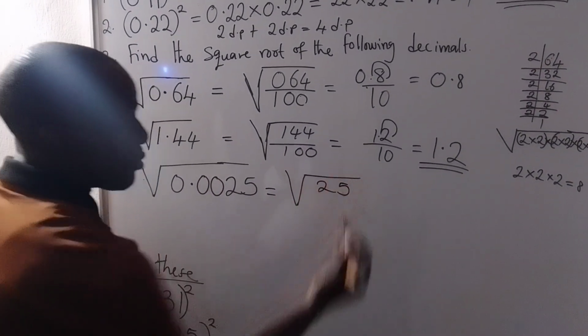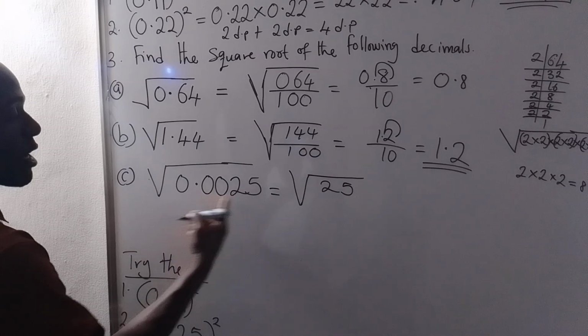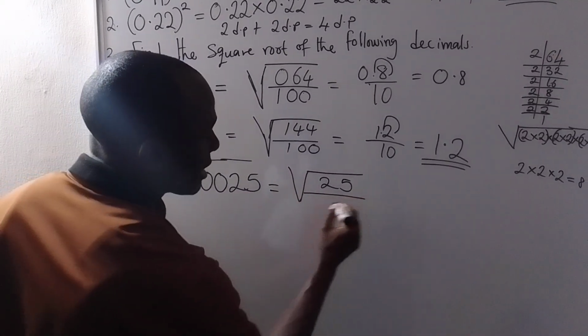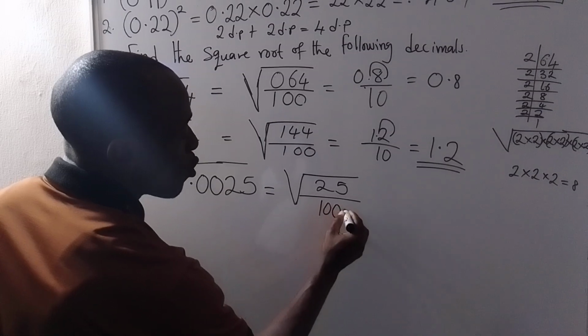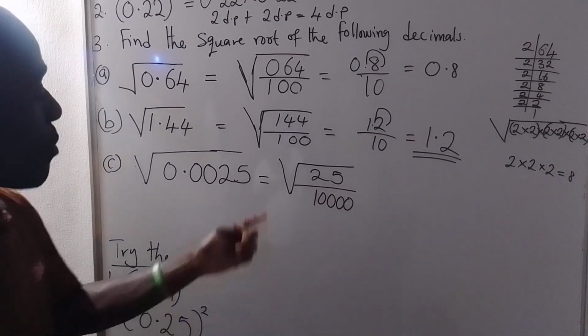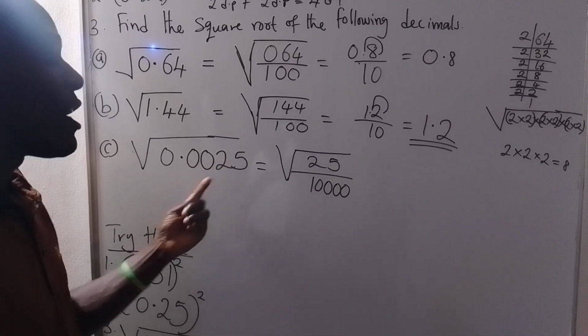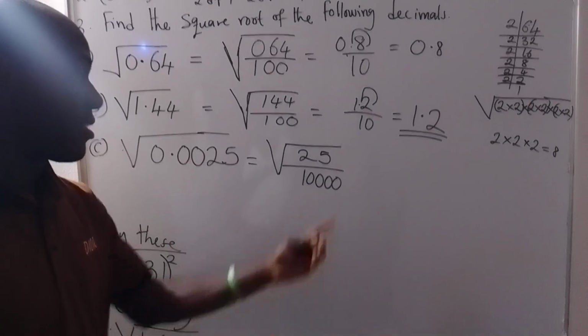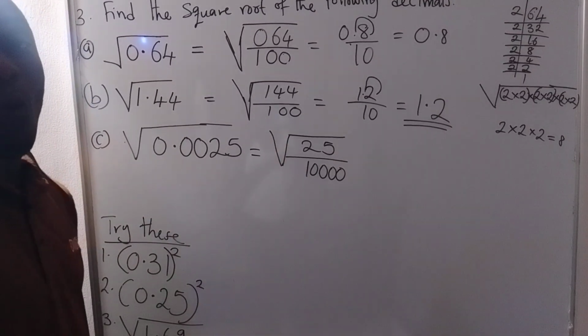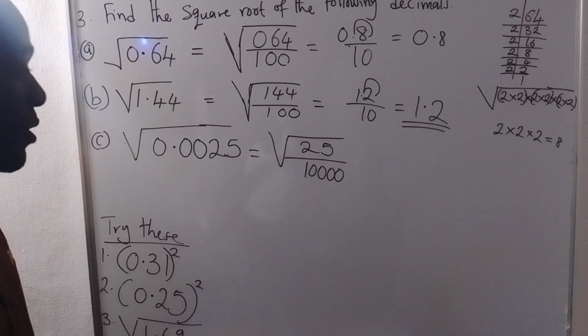So I can still put my 25. Then, remember, I counted 4 places, which means divide by 10,000. Because 1, 2, 3, 4 represent the number of zeros you're writing: 4 zeros followed by the addition of 1, to simplify it for a child.